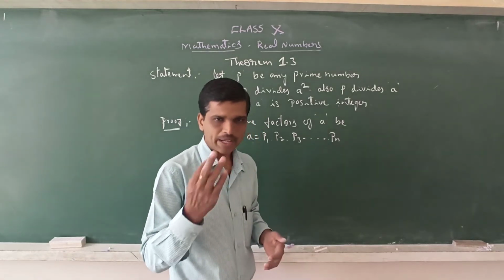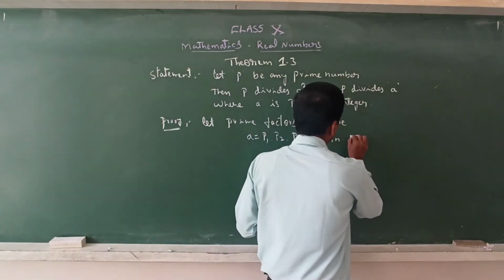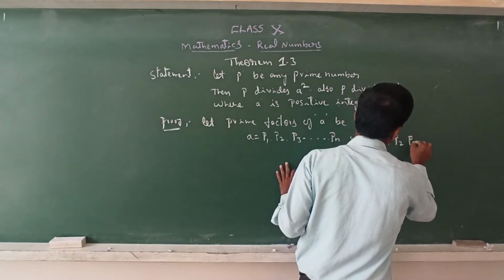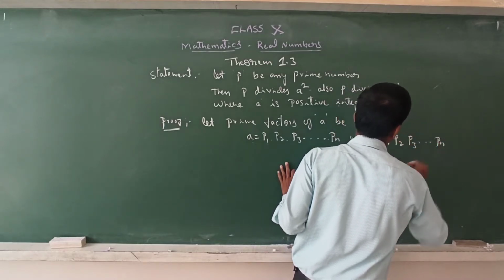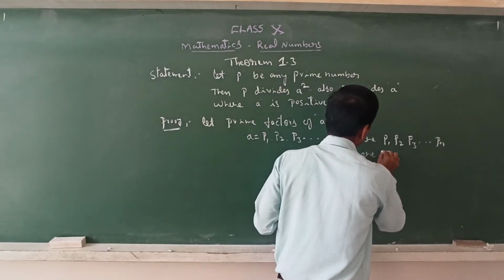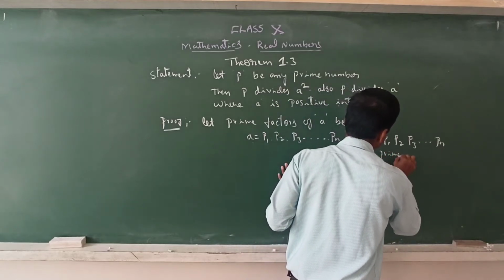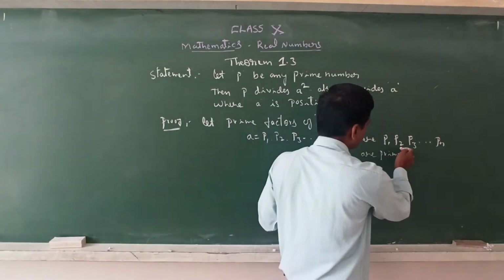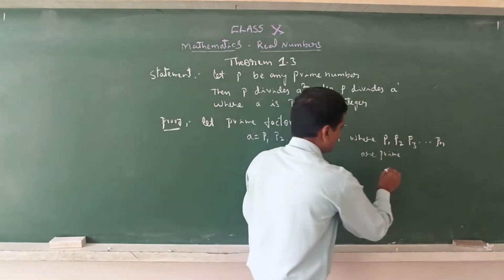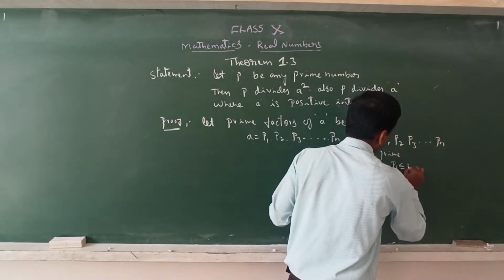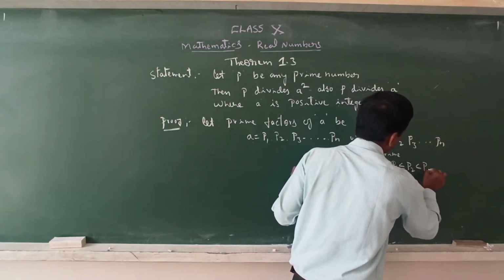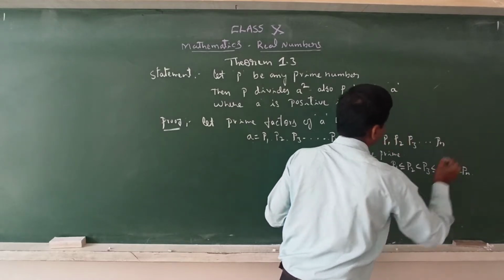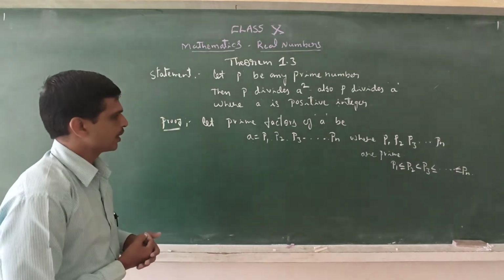These are all primes, that is prime numbers, in ascending order, where P1 is less than or equal to P2, which is less than or equal to P3, and so on up to Pn. So those are the conditions.